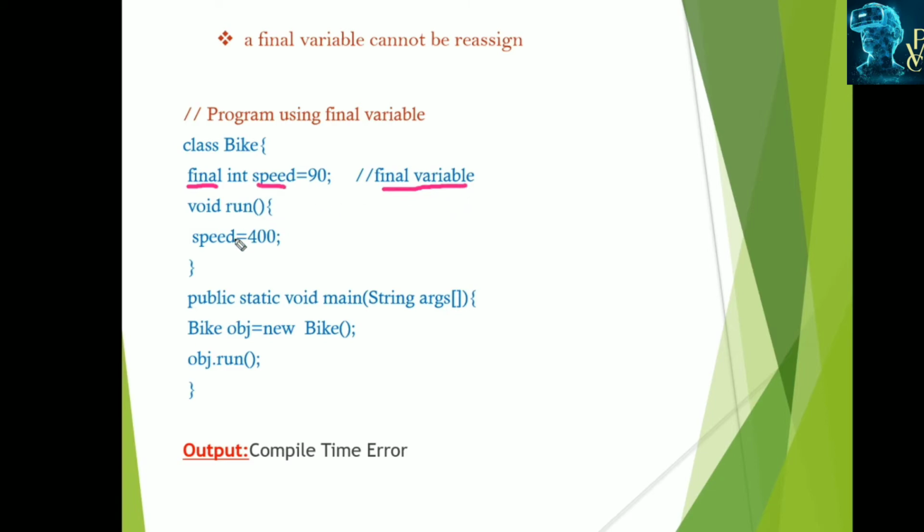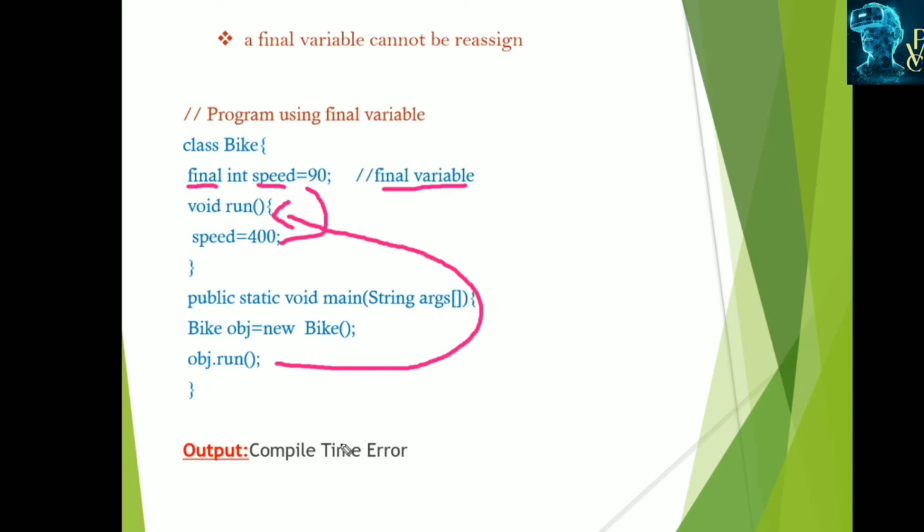Here we define one method which assigns speed with 400. What is the meaning of that? This 90 is again reassigned with 400. So in the main method, when we create the object and call this method, it displays one error.